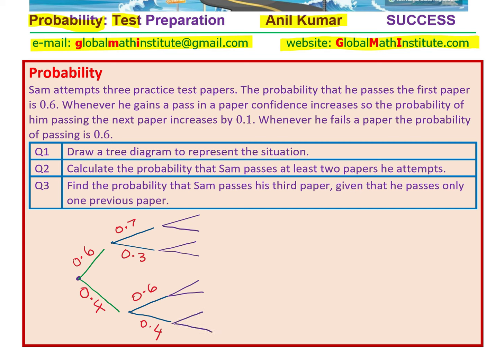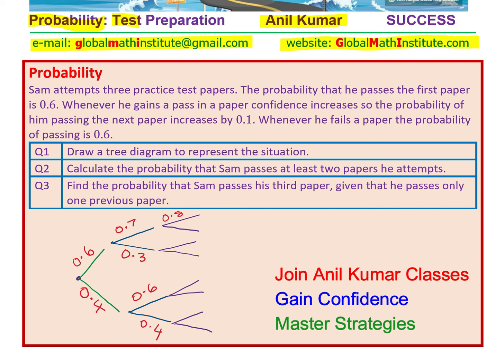Now let's write down the probability for each. Now in the top, he passes, and then again passes. Probability increases by 0.1. So in this case, it becomes 0.8. Is that clear to you? Failing at this stage will be 0.2. Now, if he has failed, then it is 0.6 and 0.4.